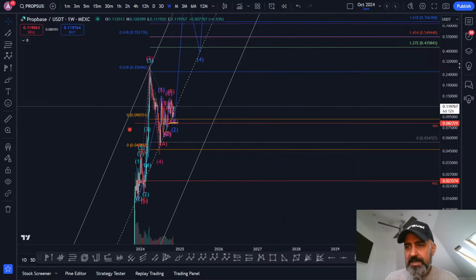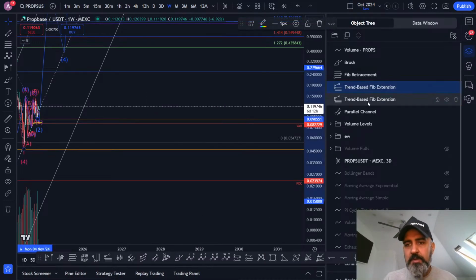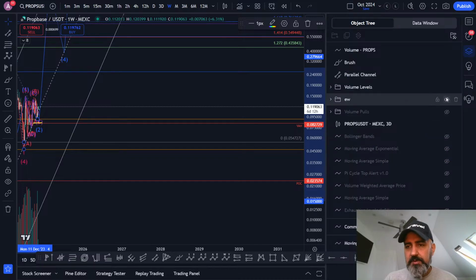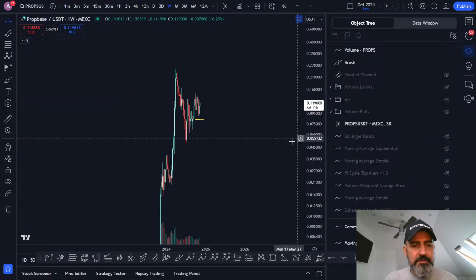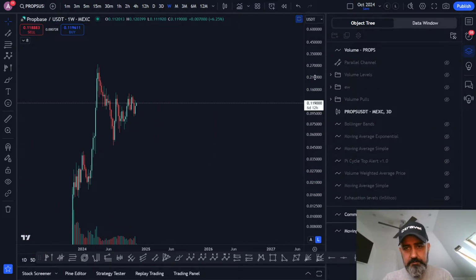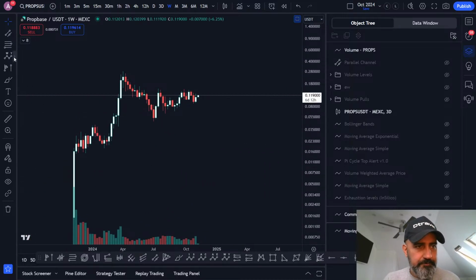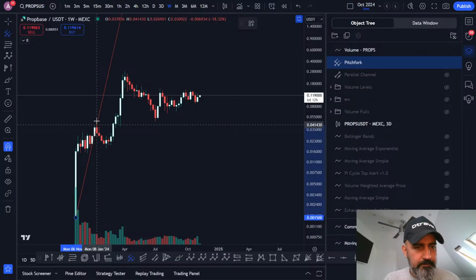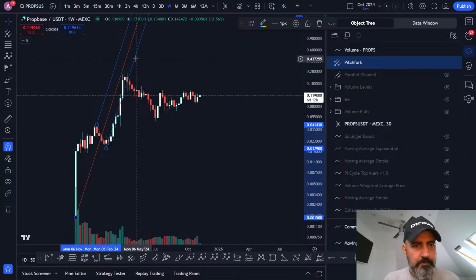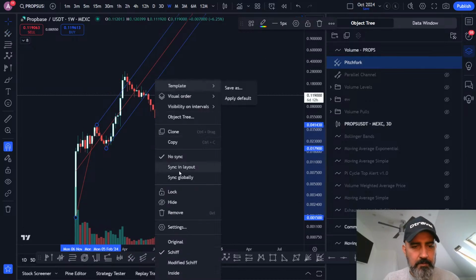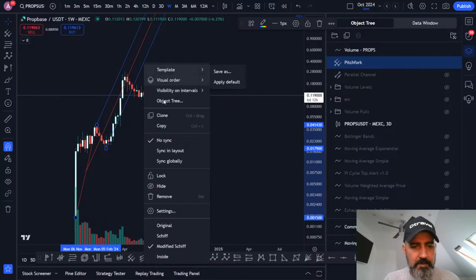Let's have a look at these weekly candles as well. Let me chuck this into this whole EW and get rid of that. I've got the parallel channel. Sorry.